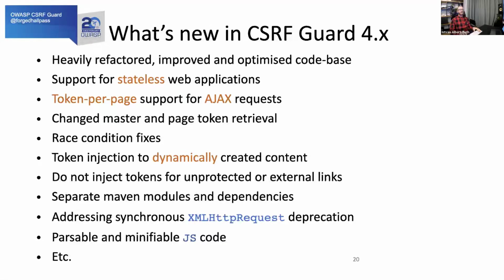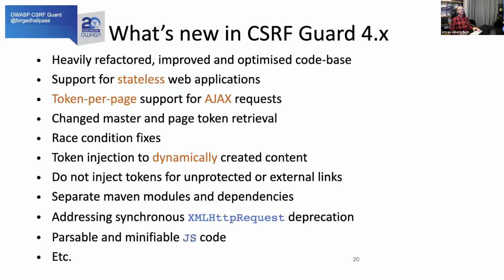A few other bugs that have been fixed, like do not inject tokens for unprotected or external links. This was quite important because an attacker could trick someone into clicking on an external link, and then they could steal the assigned token.